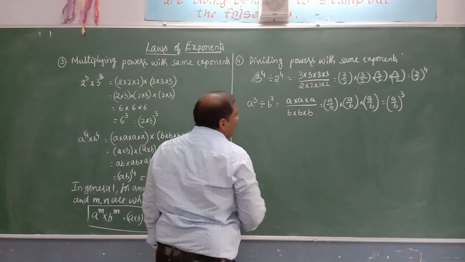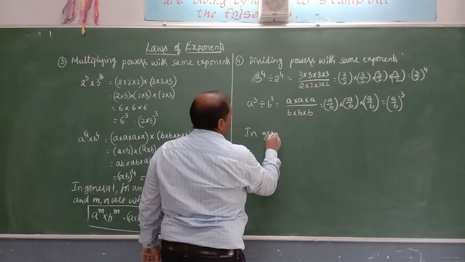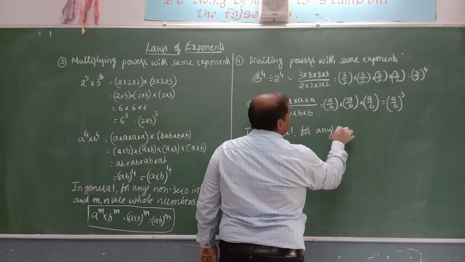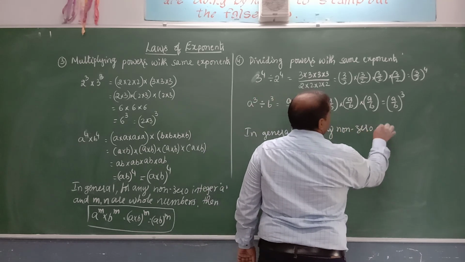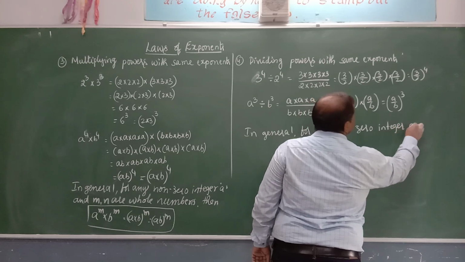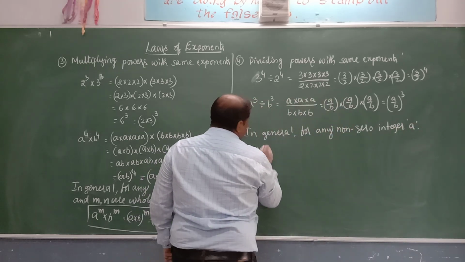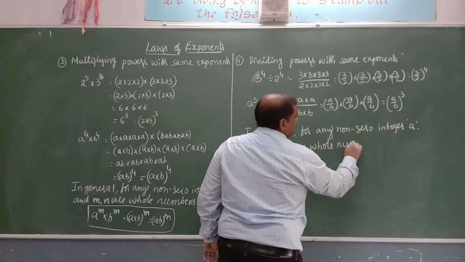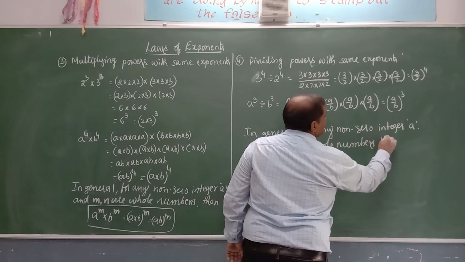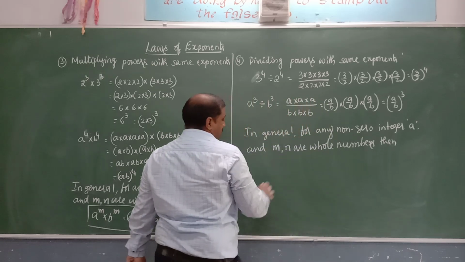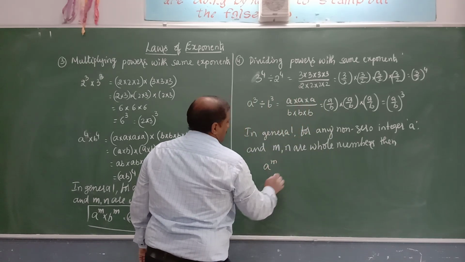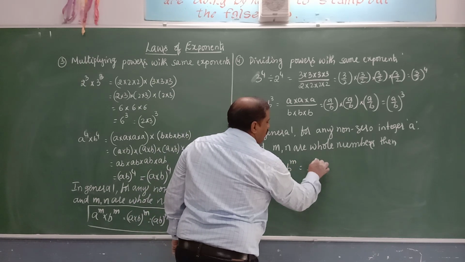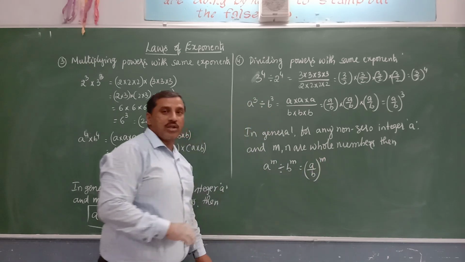So from this we can conclude in general, for any non-zero integer a and m, n are whole numbers, then we can write a to the power of m divided by b to the power of m is equal to a by b whole to the power of m.